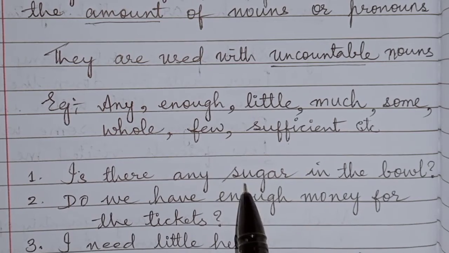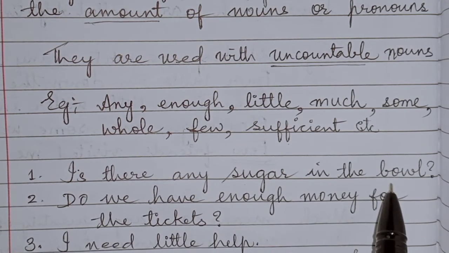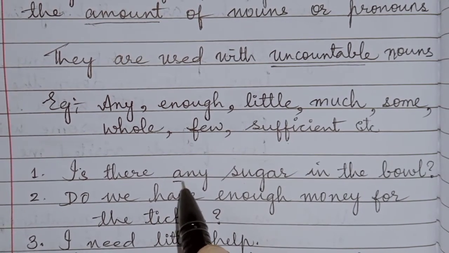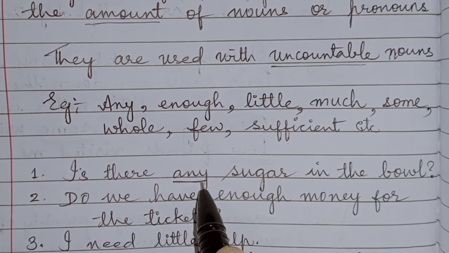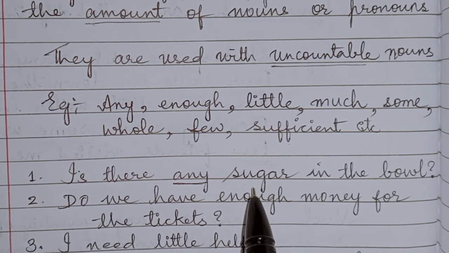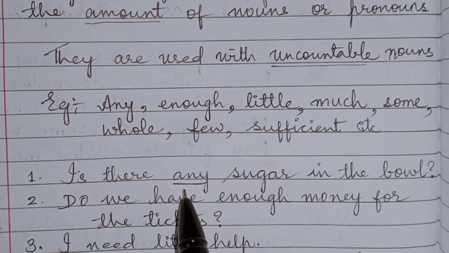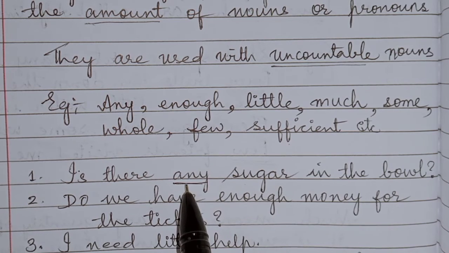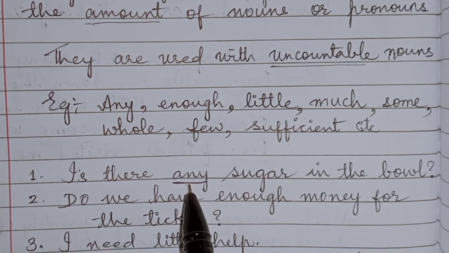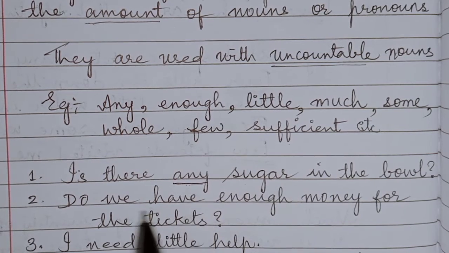Is there any sugar in the bowl? Any. Yes. Any sugar tells about the uncountable noun. Quantity is talking about the quantity.